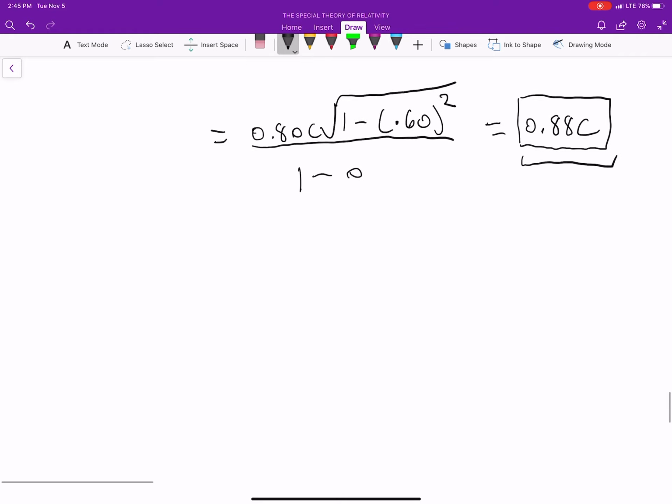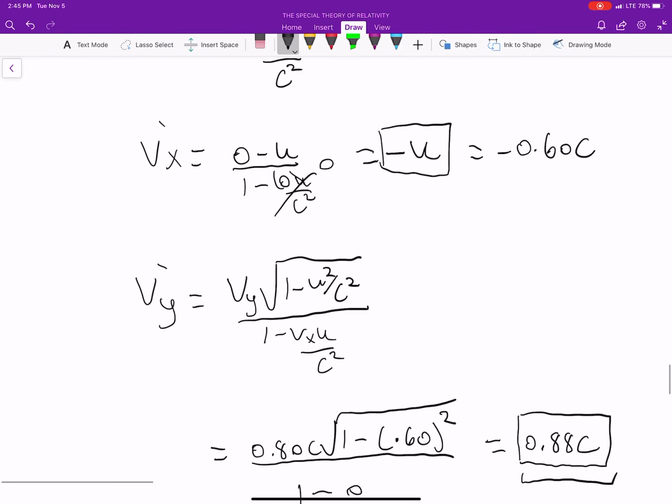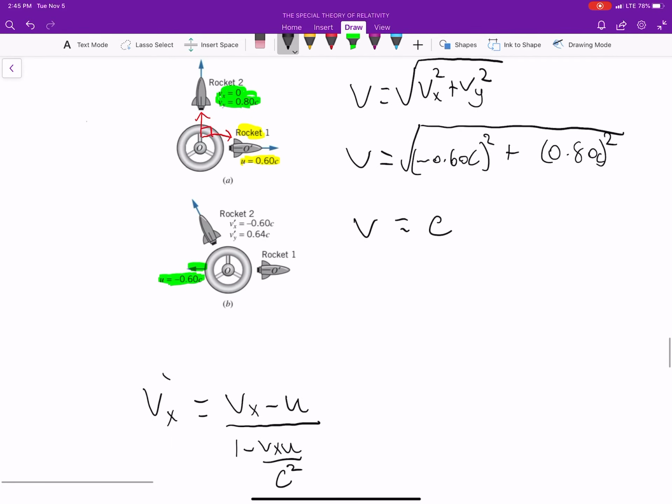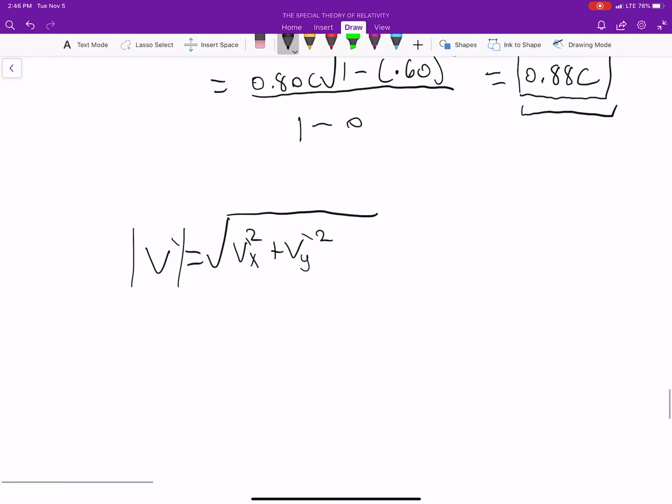To find our actual velocity, we would say velocity is the square root of vx prime squared plus vy prime squared. This is the magnitude. But now we have different numbers. That's the big difference between what we did earlier and what we're going to do now. The fact that we have different numbers is obviously going to change this.